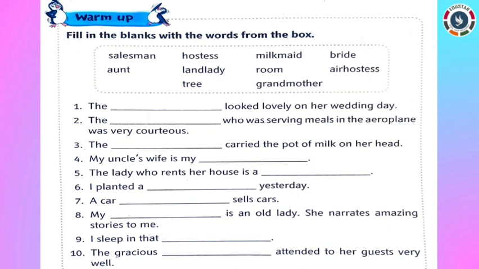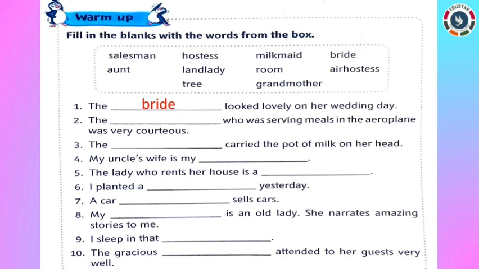First one, the dash looked lovely on her wedding day. Now who looks very lovely? Bride. The answer is, the bride looked lovely on her wedding day. The second one, the dash who was serving meals in the airplane was very courteous.